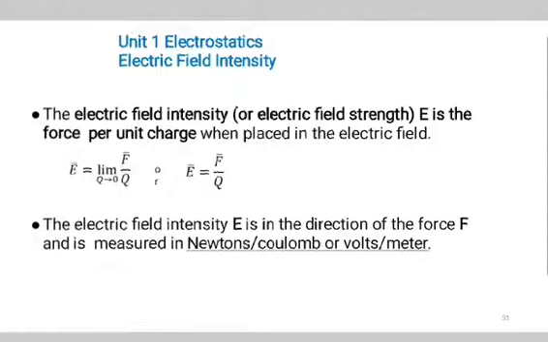The electric field intensity is defined as the force experienced by a unit positive charge within the electric field of a charge. So mathematically the electric field intensity can be defined as force per unit charge.